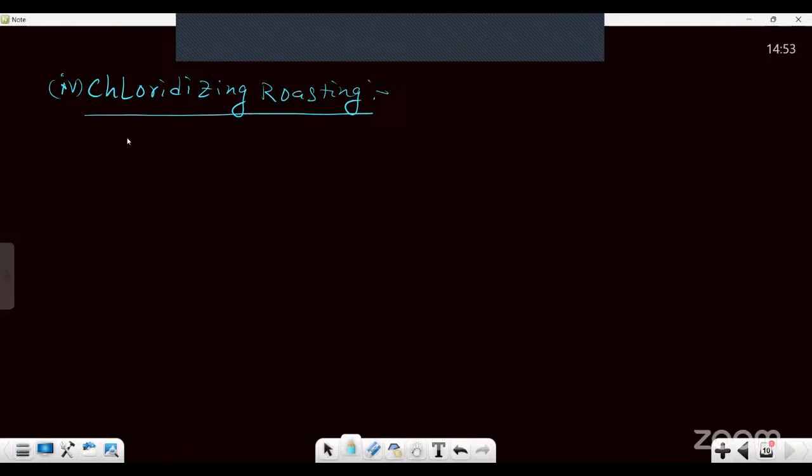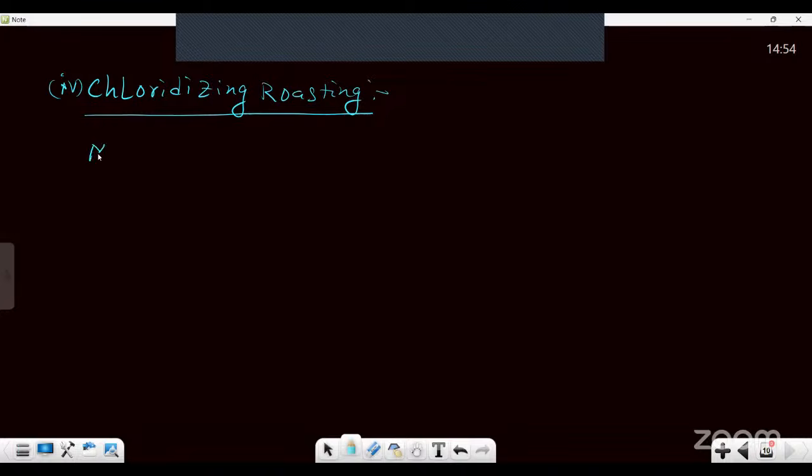Fluidizing agent means the agent which will give you chlorine, to convert metallic compounds into their volatile chlorides. Sometimes some of the chlorides are volatile. So we need to convert the metallic compounds into their volatile chlorides.